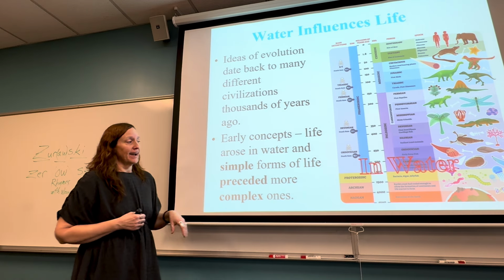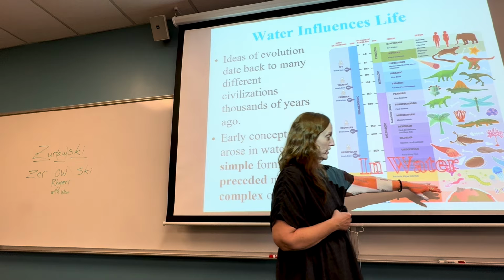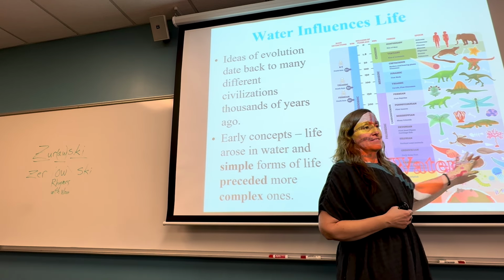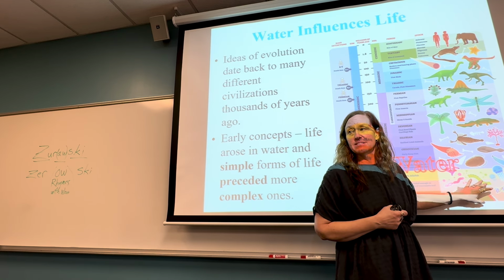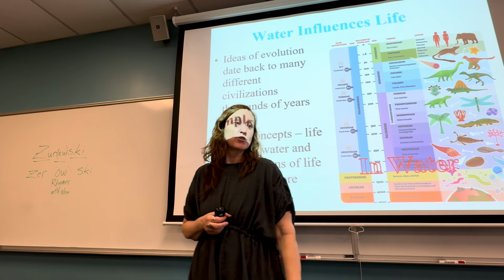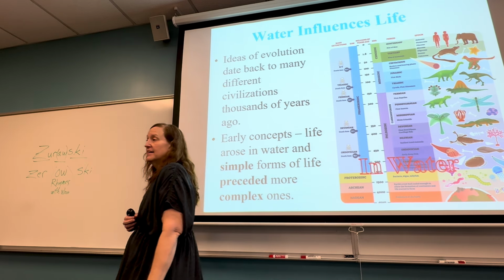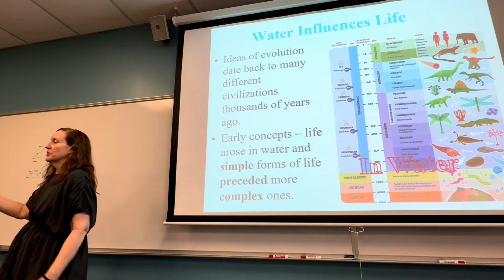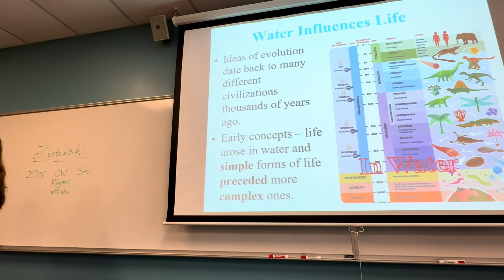We also find that as we go from these early life forms, they were very, very simple. They were prokaryotic. They were cells that do not have a nucleus. And then eventually we'll get into a history of life and see what happened, then what happened, to get to complex organisms like us. But also some organisms stayed simple, right?